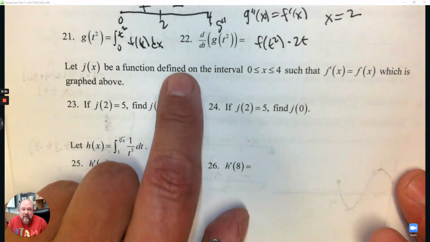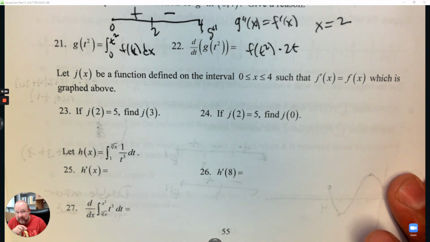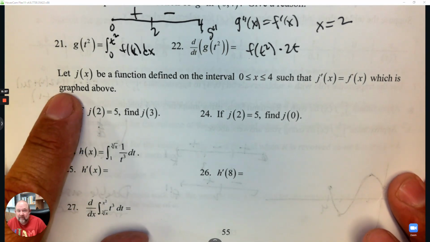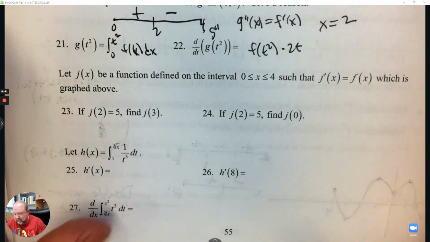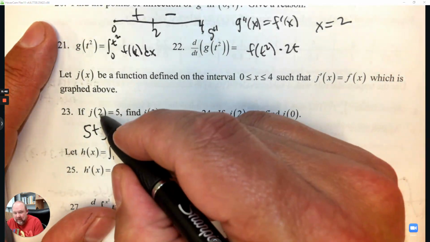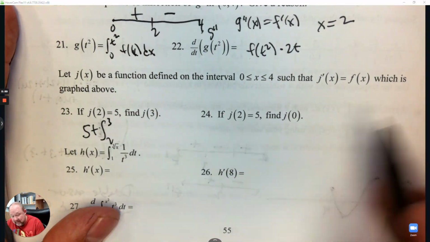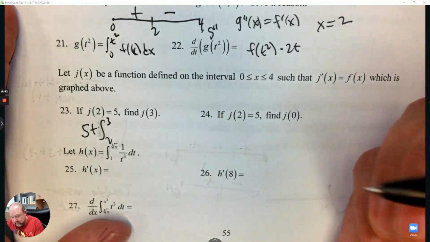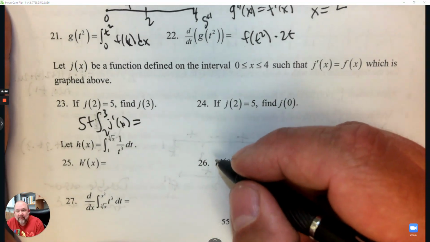J at x is a function defined from 0 to 4, so the derivative of j at x is equal to f at x, which is graphed above. So we're looking at the derivative above. So if j at 2 equals 5, it's a starting value problem. Then what's j at 3? We integrate from 2 to 3. We're going to integrate j prime at x, which is really f at x.